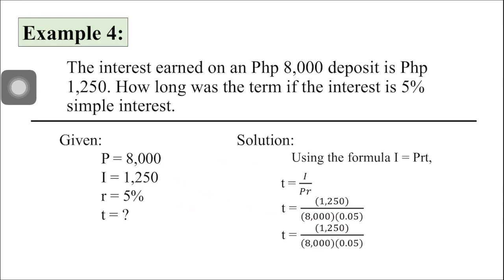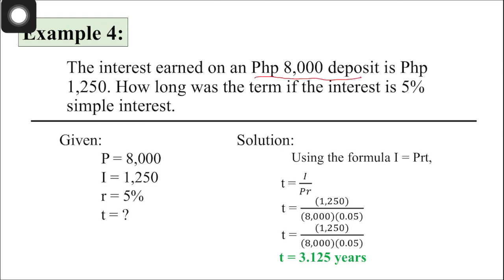So that's 3.125 years. So, the 8,000 deposit that grew by 1,250 at a 5% interest rate was invested for 3.125 years.